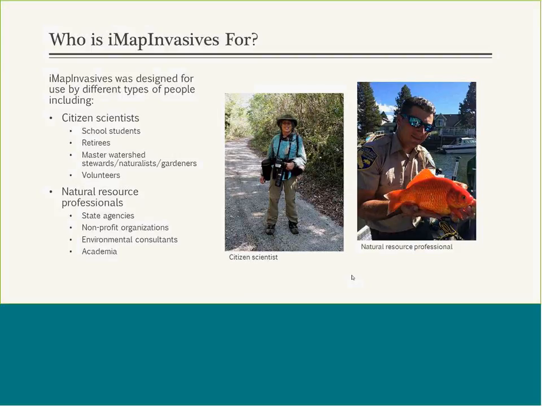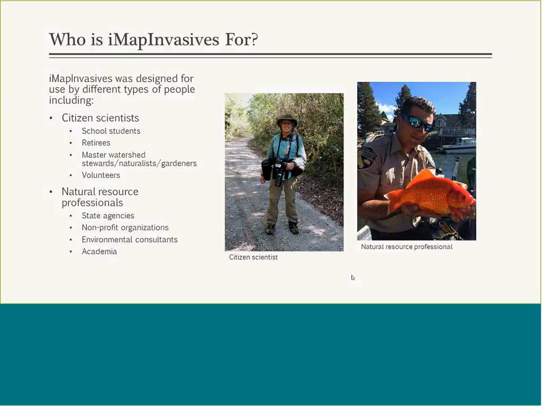You also have the Master Watershed Steward Program, as well as Master Naturalists and Master Gardeners, and a handful of volunteers. Those are all people that I would consider to be citizen scientists.